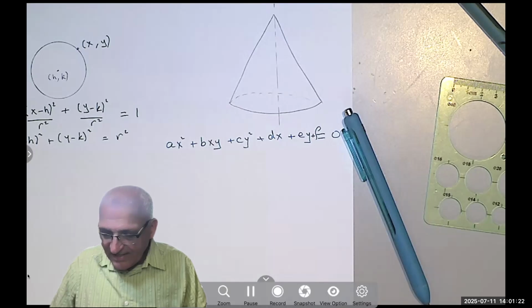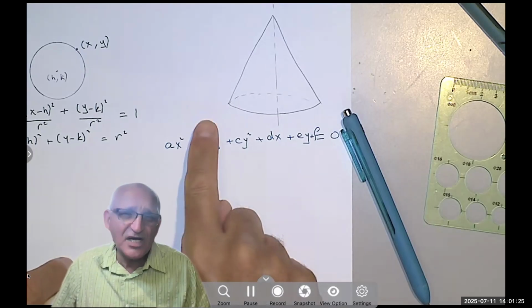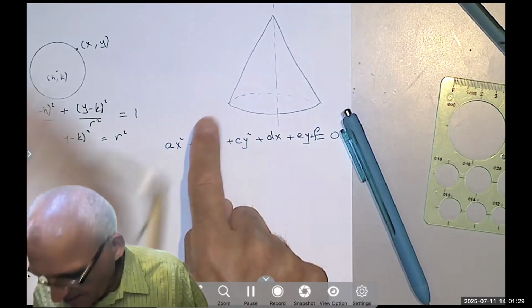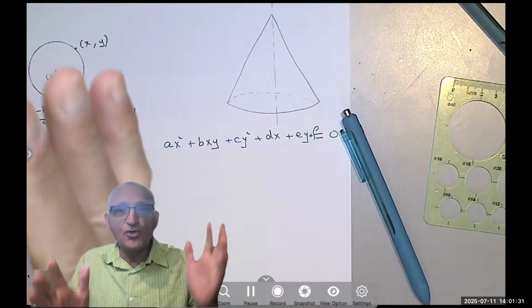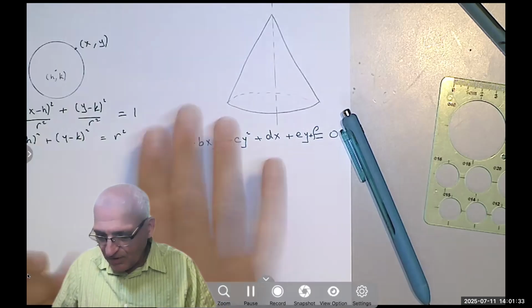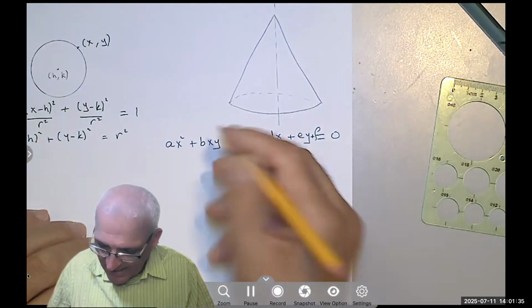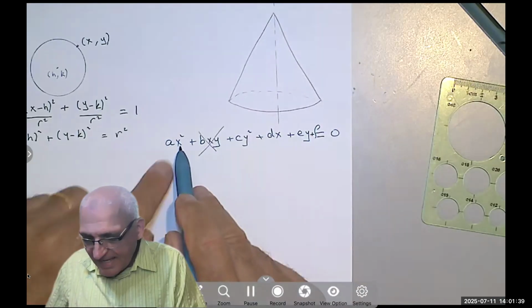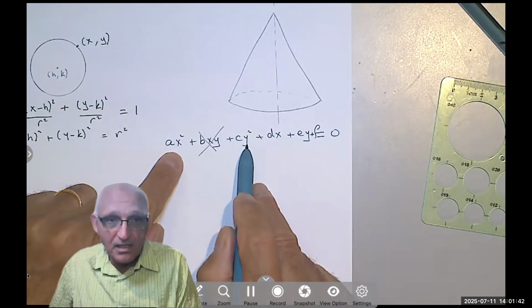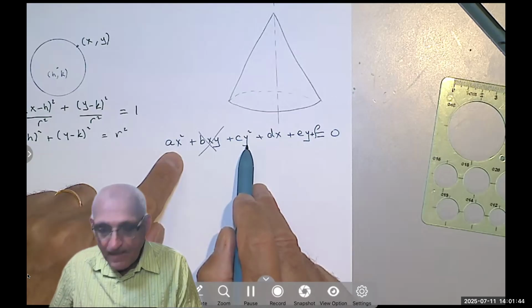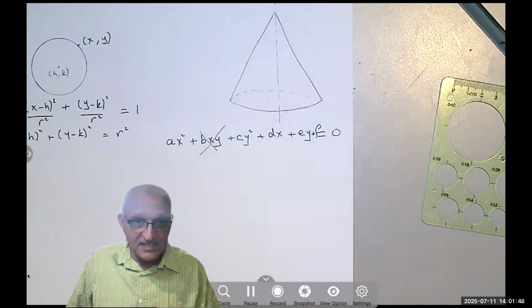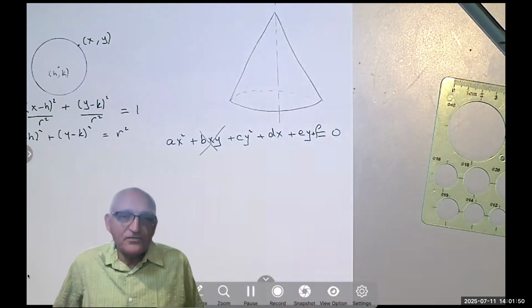Now, if I don't have the xy term, you may see it in a parabola or when you rotate a figure, but we are not going to deal with that for the time being. If both x squared and y squared are there and A equals C, so both of them are the same number, then that's an equation of a circle.